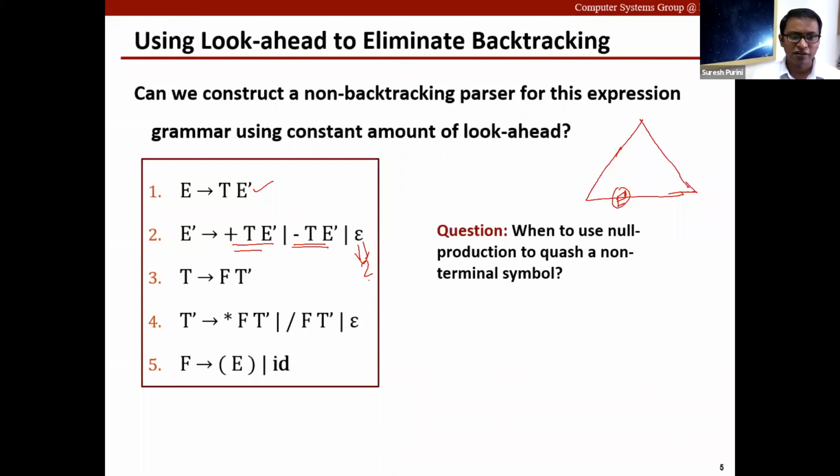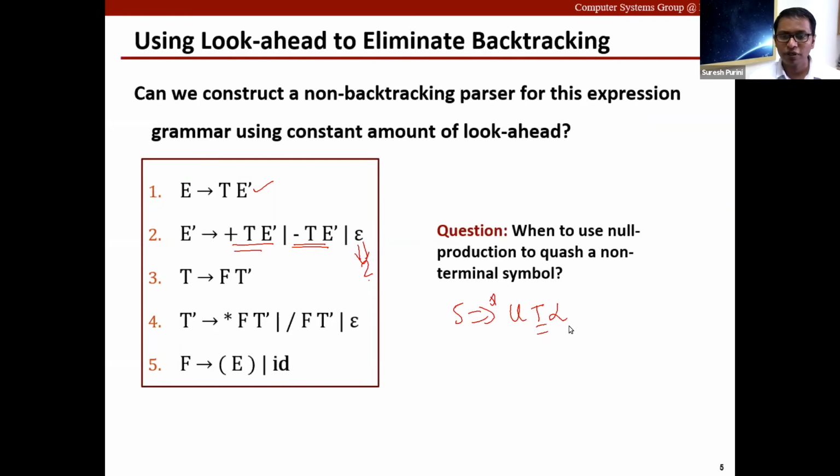Similarly, if the current non-terminal symbol to expand is T, then no problem. T goes to F T prime.